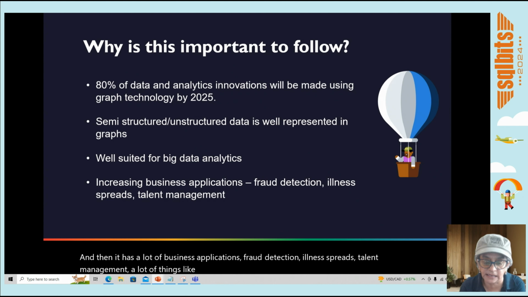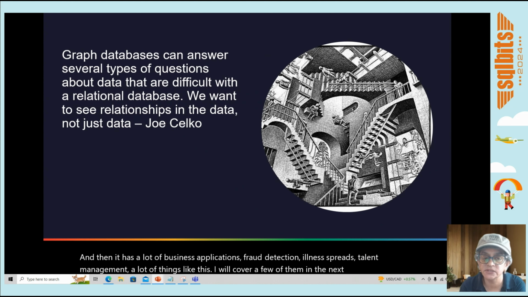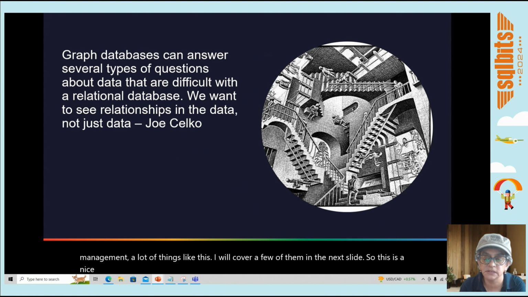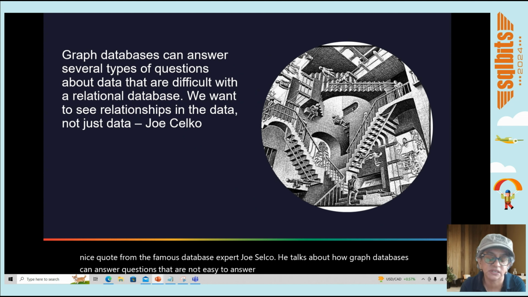I will cover a few of them in the next slide. So this is a nice quote from the famous database expert, Joe Celko. He talks about how graph databases can answer questions that are not easy to answer in a relational database because they study relationships and not just the data in the form of entities.